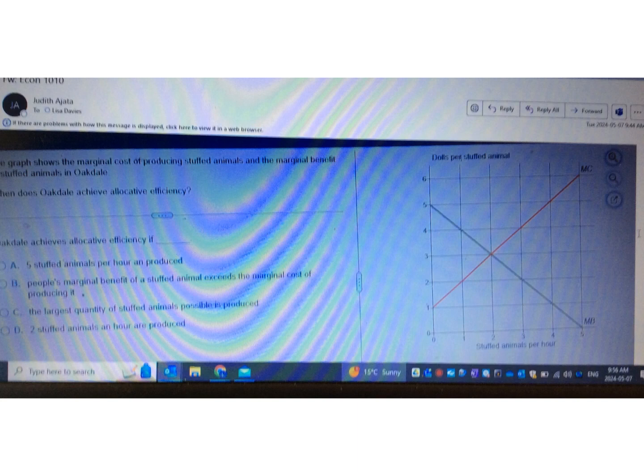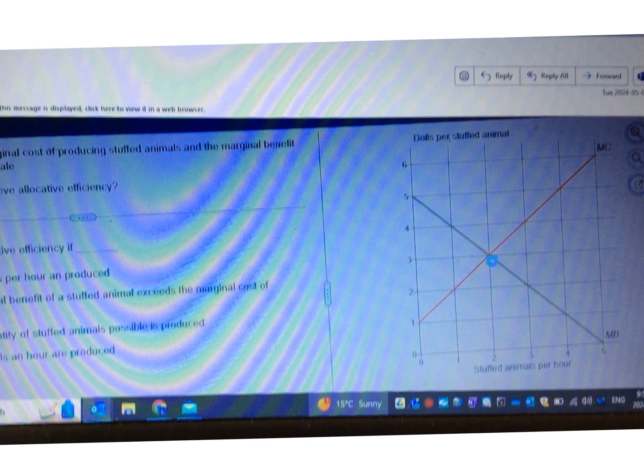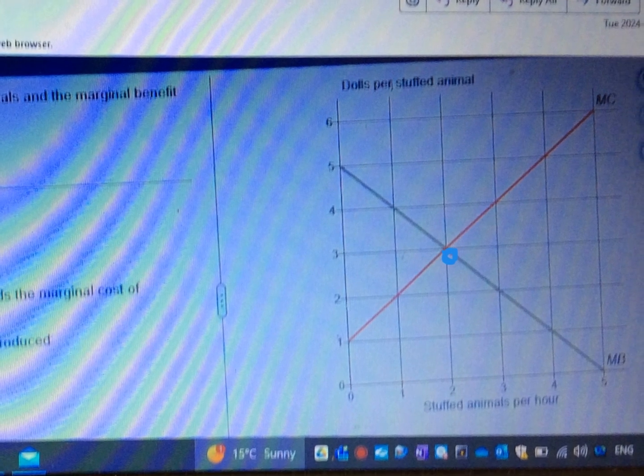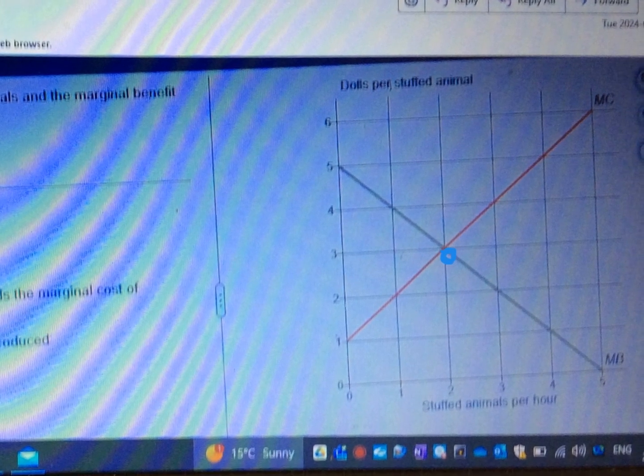It just has to do with where these two things cross, and that's right here. And that's at a point where the stuffed animals are 2, and I'm just trying to read what the other one was. Sorry, it's too small for me to read. The dolls per stuffed animal and the stuffed animals per hour.